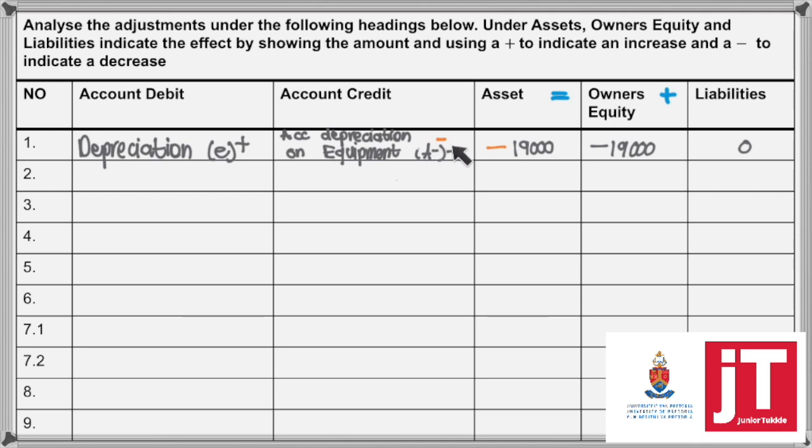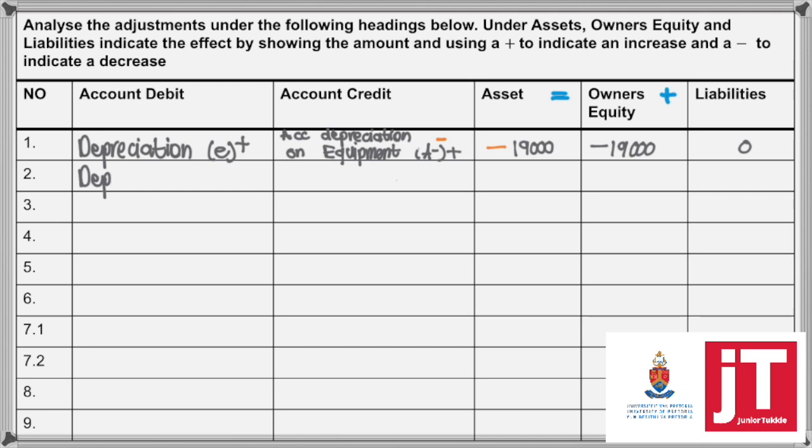So a minus times a plus gives you a minus. That's why I use a minus there. And remember, an expense increasing decreases our profit. So it's a minus on owner's equity as well. So now, does our equation balance out? Yes, because assets minus 19,000, equity minus 19,000, liability 0. Both sides of the equal sign are correct.